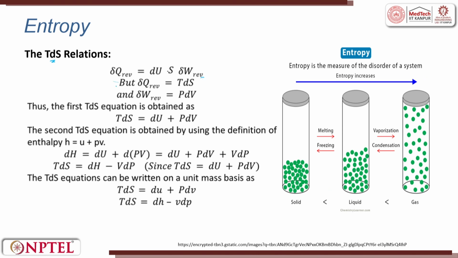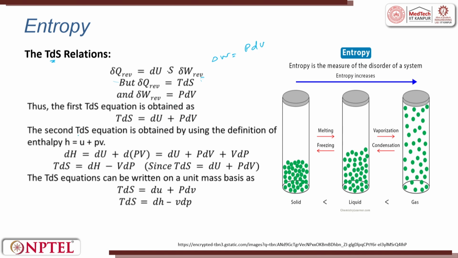Delta Q reversible is nothing but TdS, and delta W reversible is nothing but PdV. Thus, the first TdS equation is obtained as TdS equals dU plus PdV.